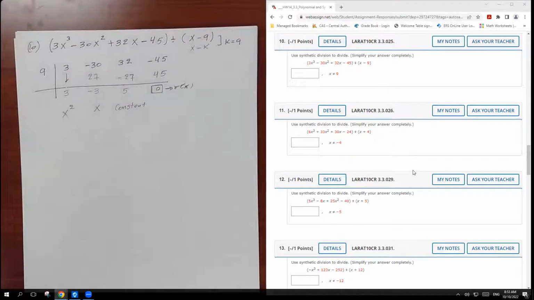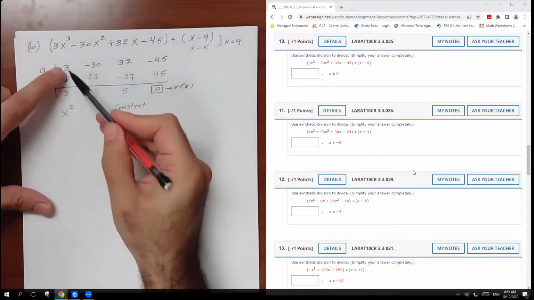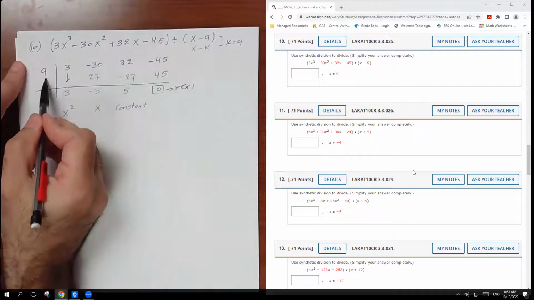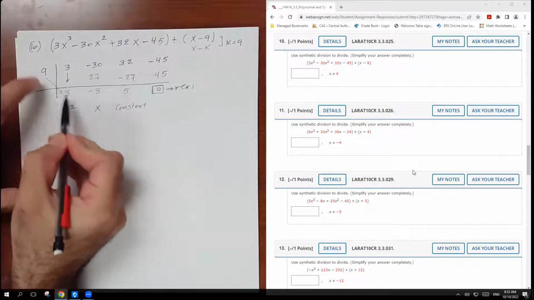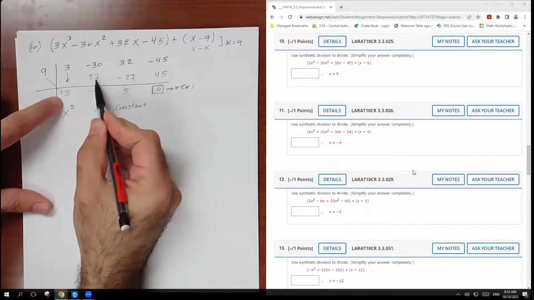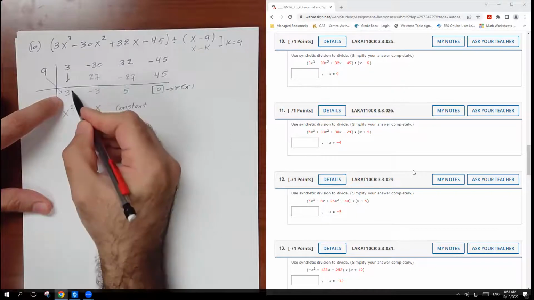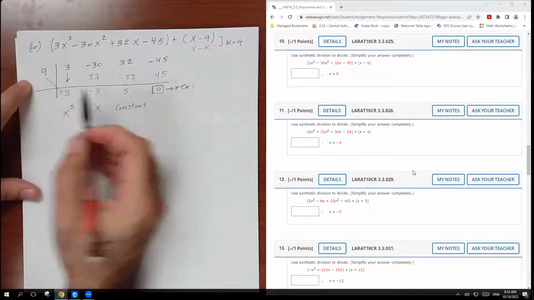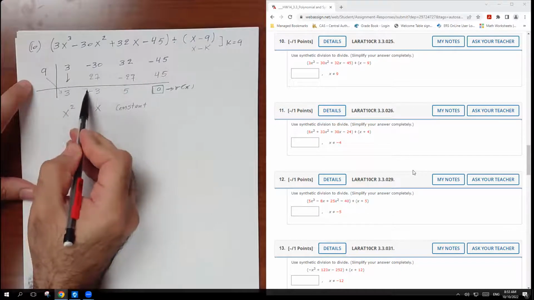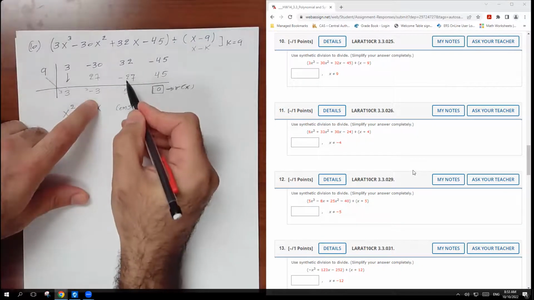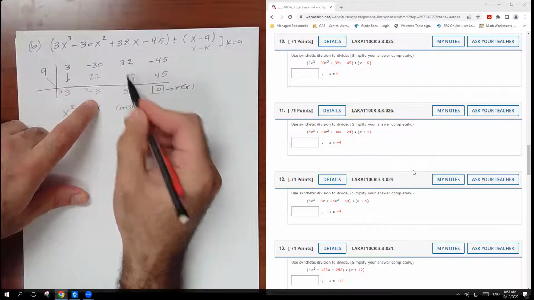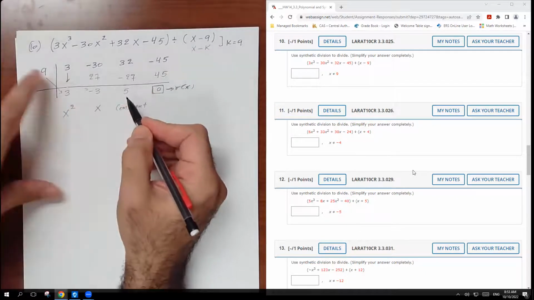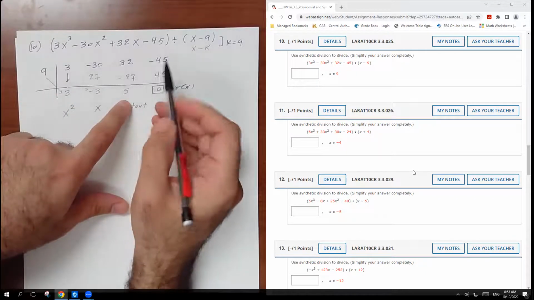So let's do the steps again. Write down this number here. Then you multiply 9 times 3, which is 27. Then you add these together, which is negative 3. Then you multiply 9 times negative 3, which is negative 27. Add these together, it's going to be 5. 9 times 5 is going to be 45.